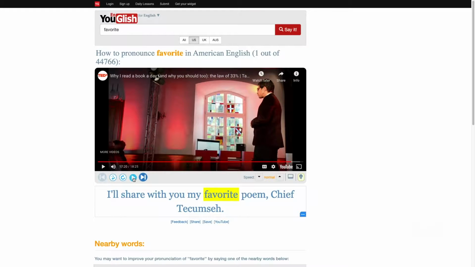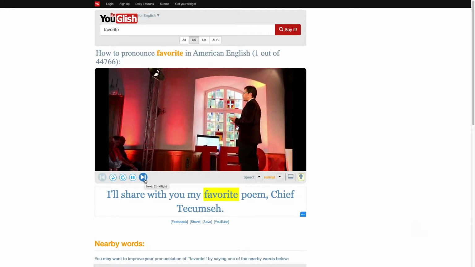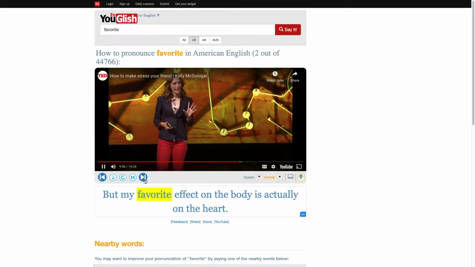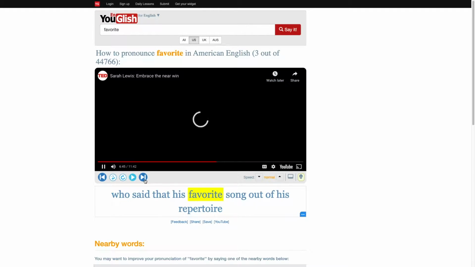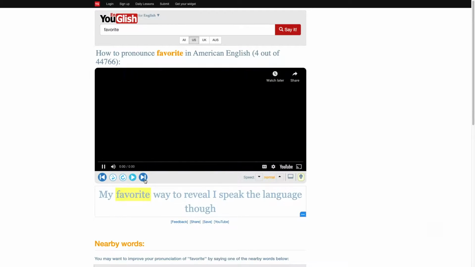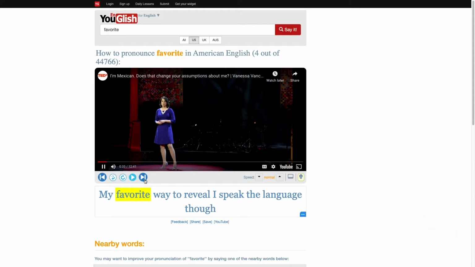Let's hear how native speakers use this word within the context of a conversation. I'll share with you my favorite poem. My favorite effect on the body is who said that his favorite song out of his repertoire. My favorite way to reveal I speak the language, though.